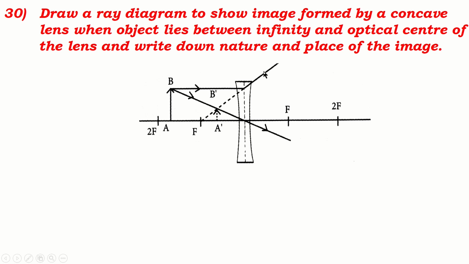That's why this one is produced backward, and produced rays are always shown with the dotted line, and this we don't have to produce. They appear to be intersected at this point.